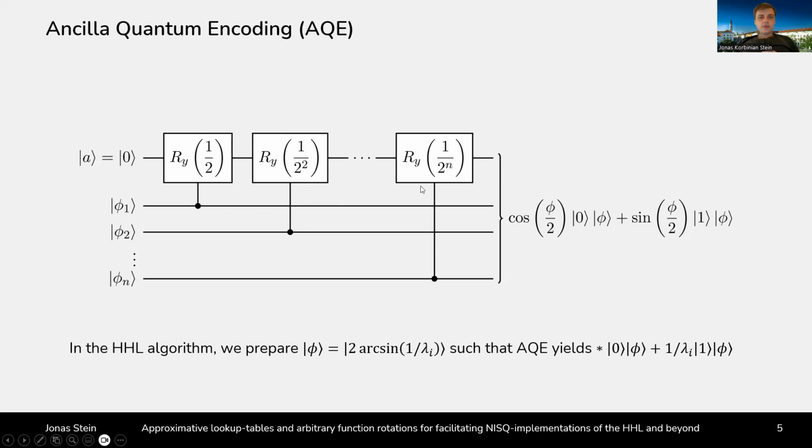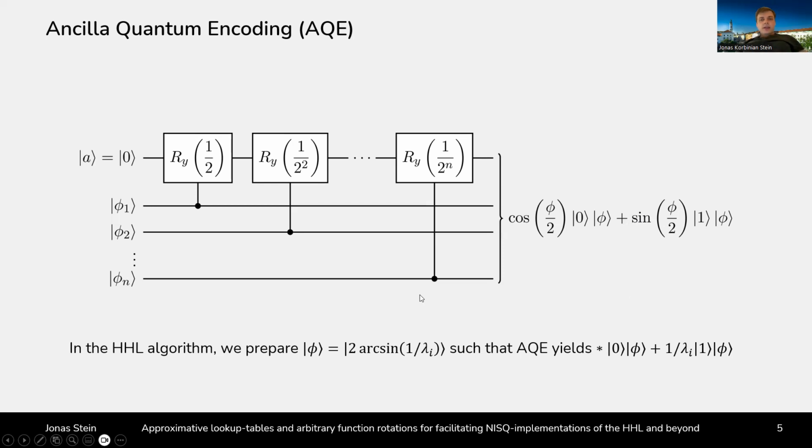In the end, if we do the circuit, we can see that starting with this state phi and an ancilla, we move over to a superposition of being in the 0 and 1 state of this ancilla. For the 1 state, we are in sine of phi over 2, if we are very precise here.